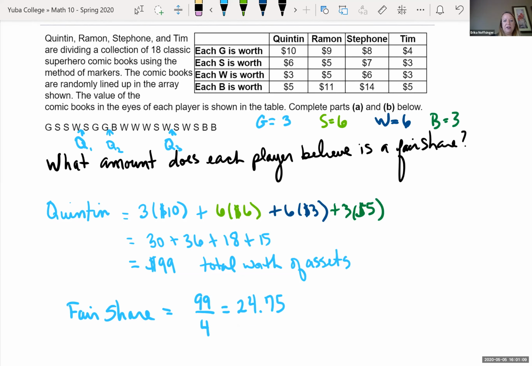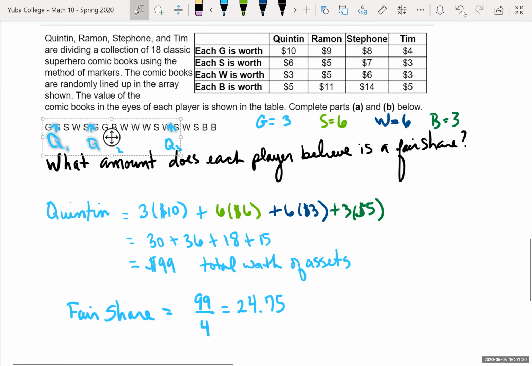Okay, so just so I have it. Wait, so the first marker goes after the W because all of those assets before added together equal what he thinks is a fair share?